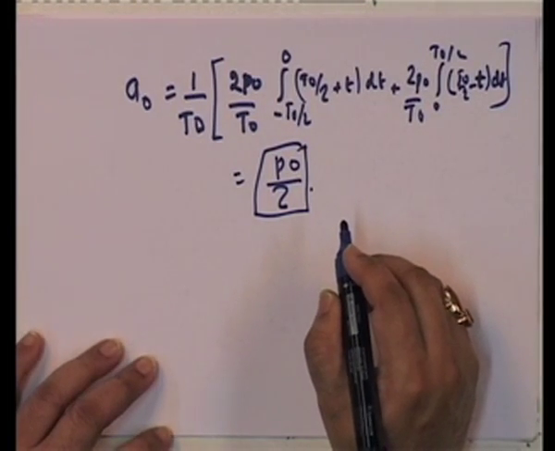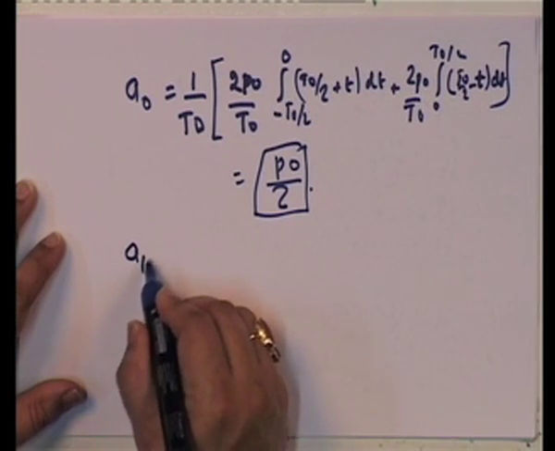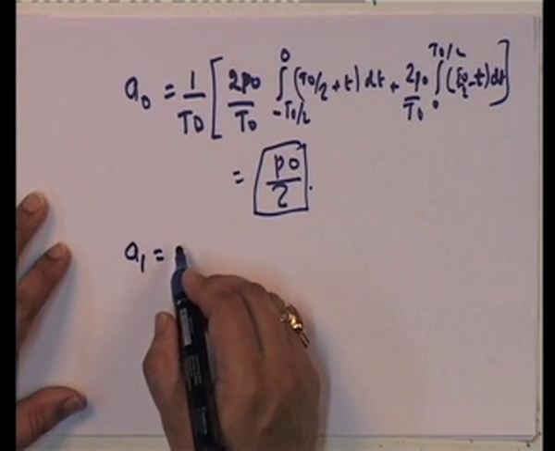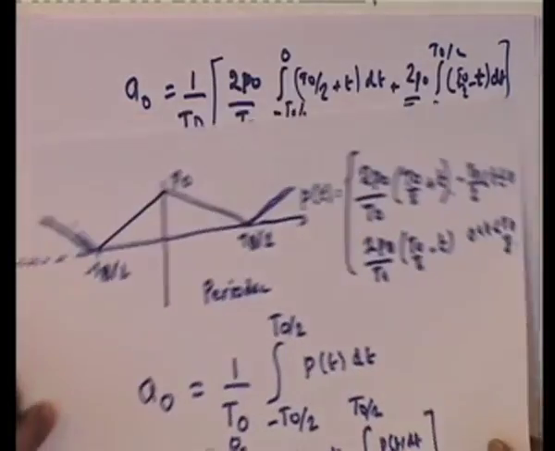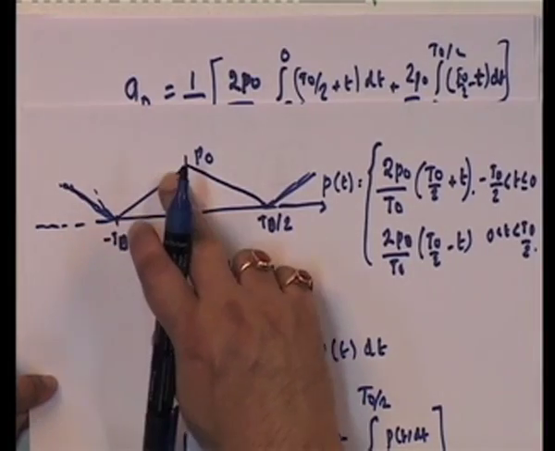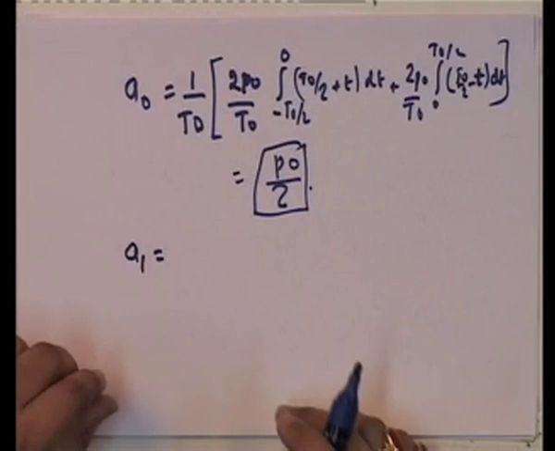Similarly, I can go through the process for A 1, and I am not going to write down everything. Since it's actually symmetrical, I can go from here to here for cosine, and then go ahead and do it.